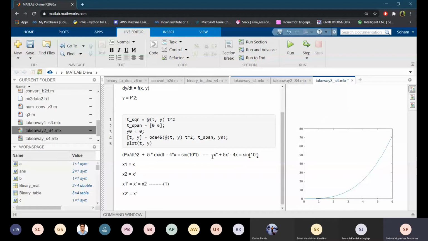So this is the differential equation. Now I can find x double dash from here. Let's call the earlier one equation 1.